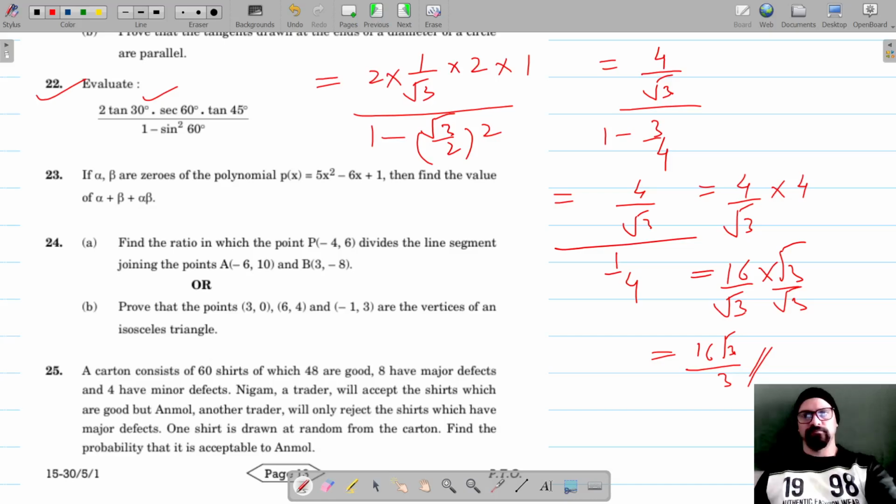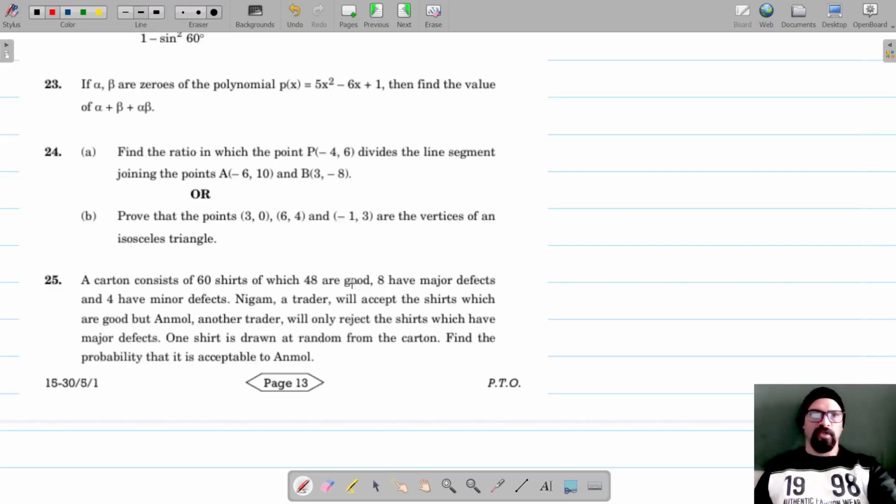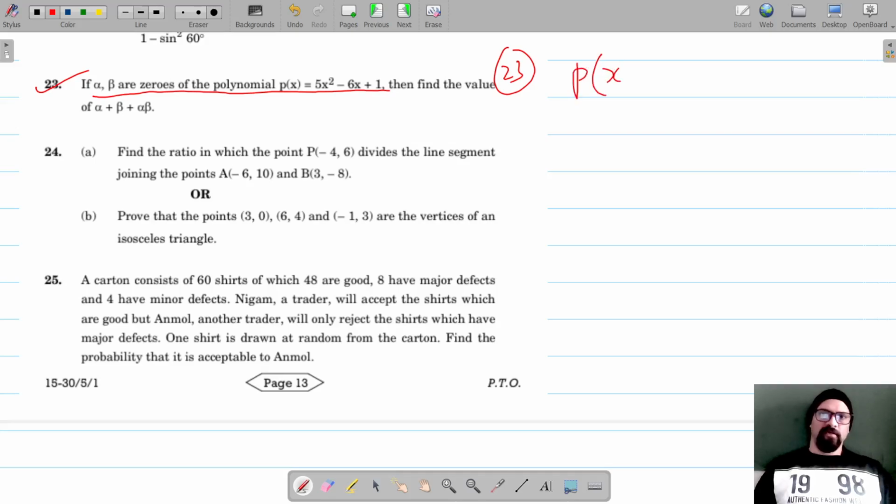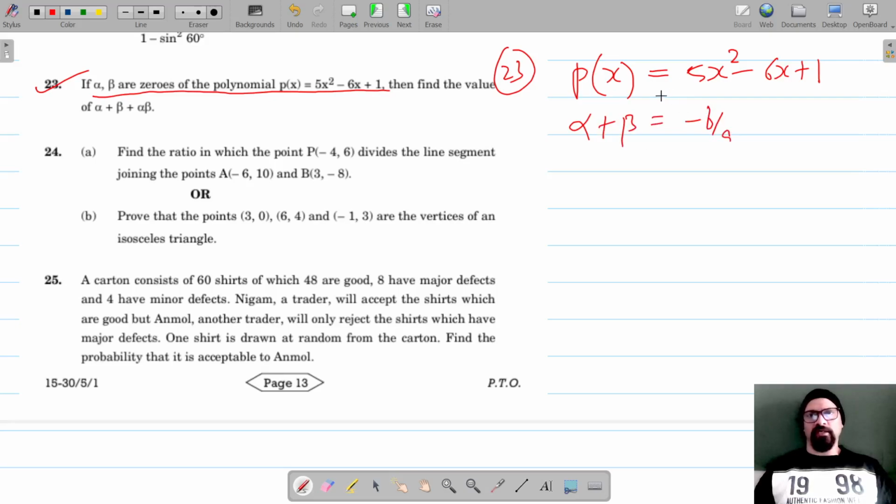Okay, for question number 23, it's given that alpha and beta are the zeros of the polynomial p of x is equal to 5x squared minus 6x plus 1. And we have to find the value of alpha plus beta plus alpha beta. Alpha plus beta is the sum of the zeros, which is given by minus b by a.